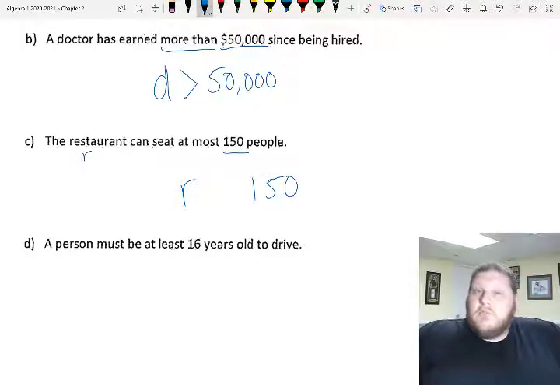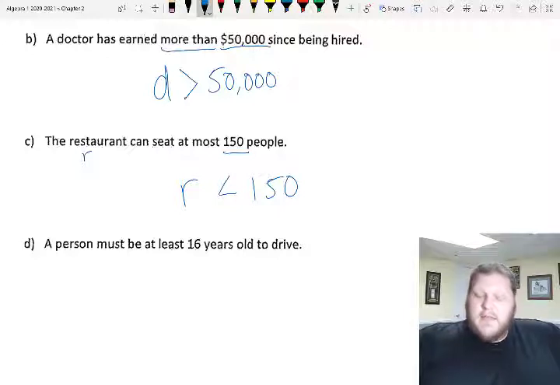So what you could do is play around with the different inequalities and see if it makes sense. We know that if the restaurant can seat at most 150 people, we're okay, right? The restaurant's okay if they seat 100 people, right? Or 50 people, or 10 people. We're okay with that R value being less than 150, but we're not okay, right? The restaurant would get in trouble if they were seating over 150 people.